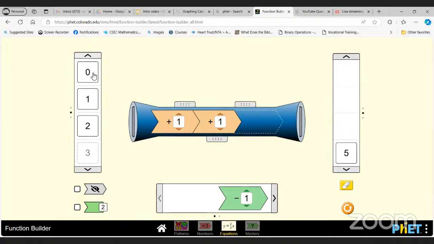Let's say I put a 2. The value of x, once again, is increased by 2. So that's how the function works, as I showed you in last week's class.